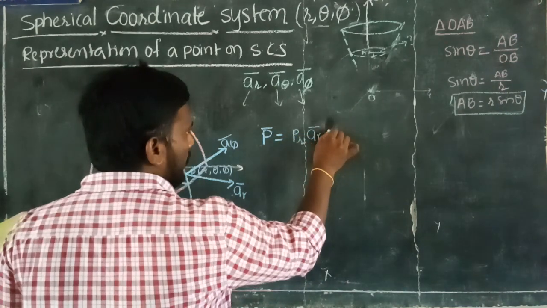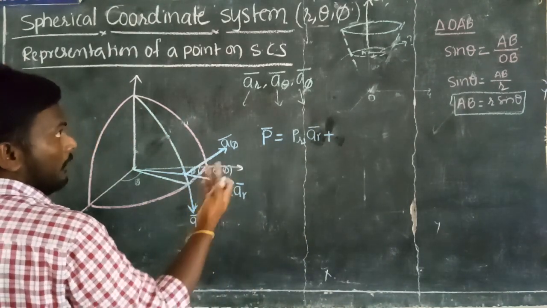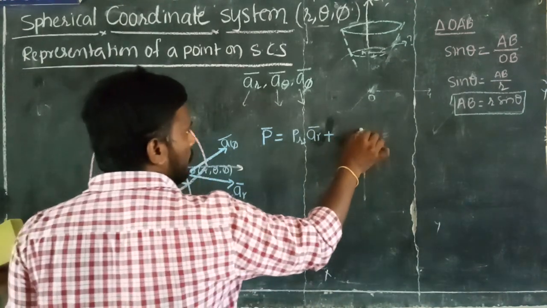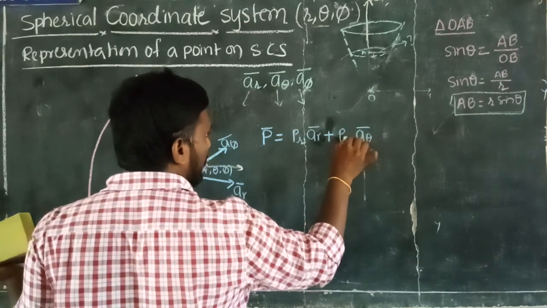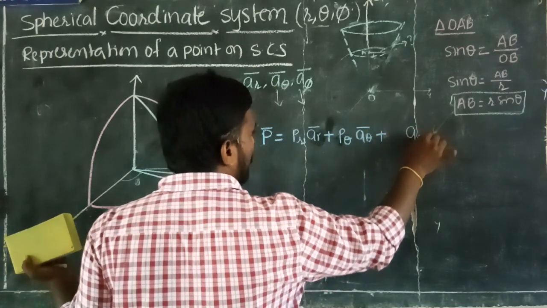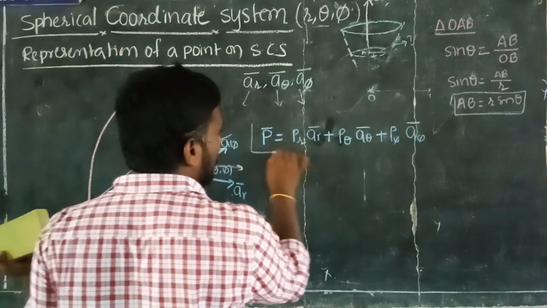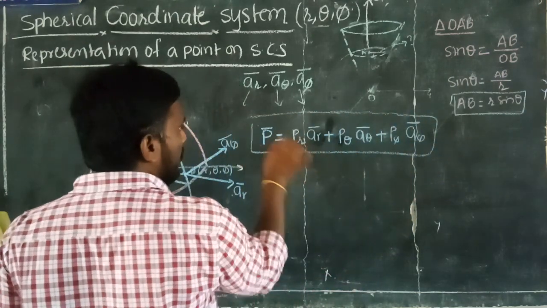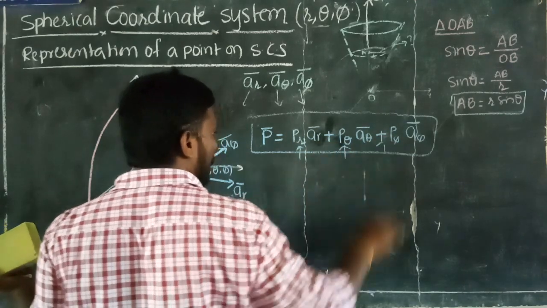Next, another unit vector, A_theta bar, having magnitude P theta. And next, A_phi is the unit vector, having P phi. So this is the position vector. We don't know the magnitudes of PR, P theta, P phi. In the next step we are going to find these three values.